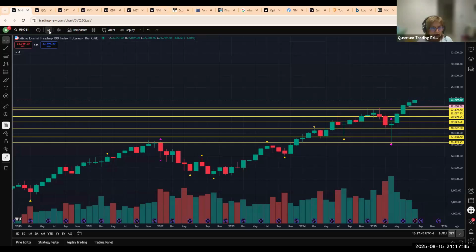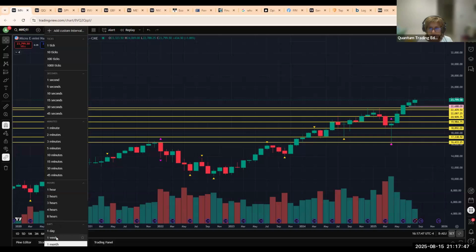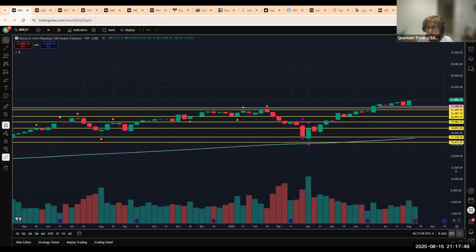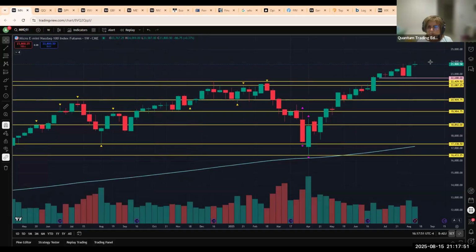Now, when I went down to the weekly chart for this week, I found it quite interesting, because part of VPA is also looking at patterns, and we haven't dealt with a lot of patterns in these sessions, and it's maybe something we will certainly look at later.